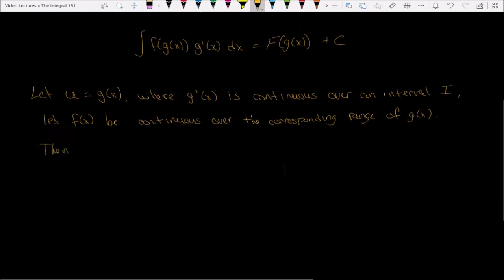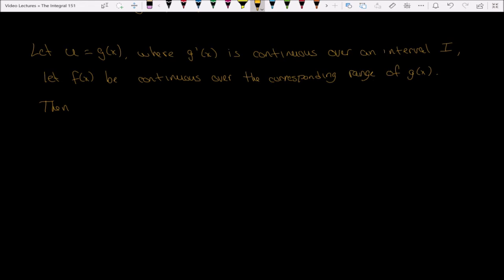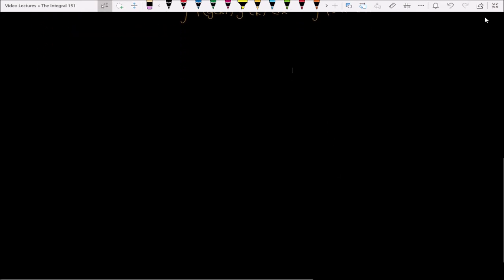Then the change of variable says the antiderivative of f of g of x times g prime of x is equal to the antiderivative of f of u. We will now look at several examples and see how change of variable is applied.